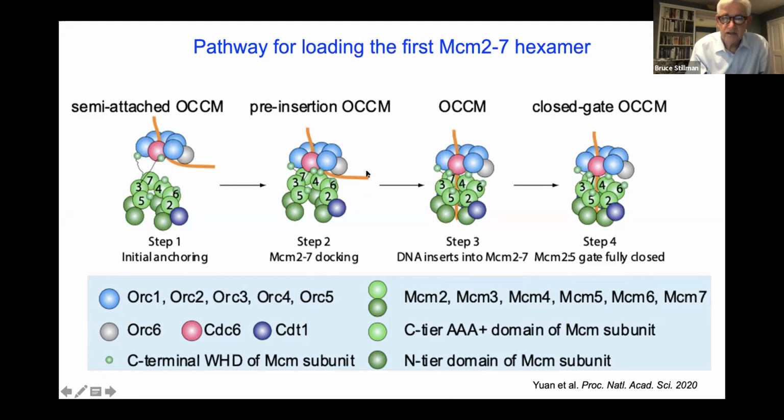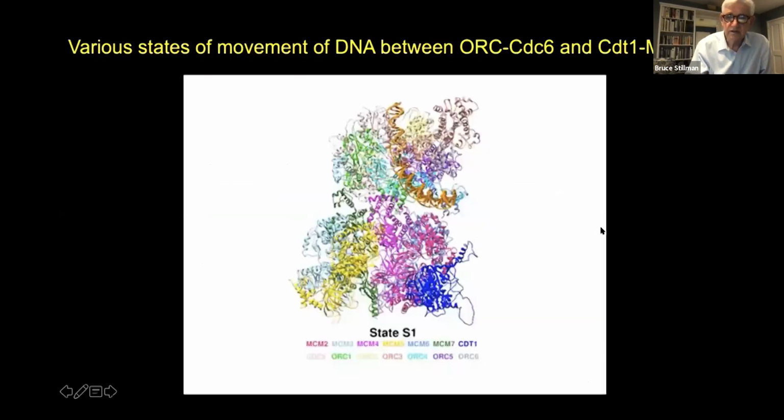Ultimately, then, there's a transition from this structure, as you'll see how that happens, of inserting the DNA between the channel of the MCM5 and 2. Prior to that, this channel is filled with these two winged helix domains, MCM5 here and MCM4 here, and you'll see that, ultimately forming this OCCM structure.